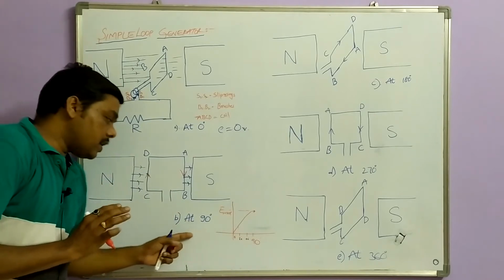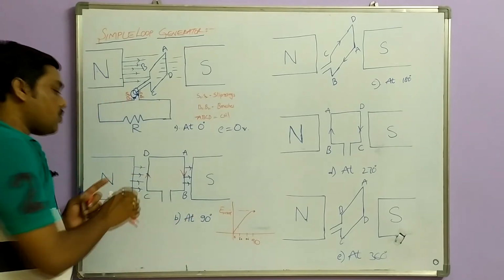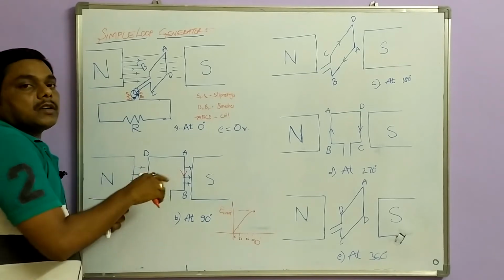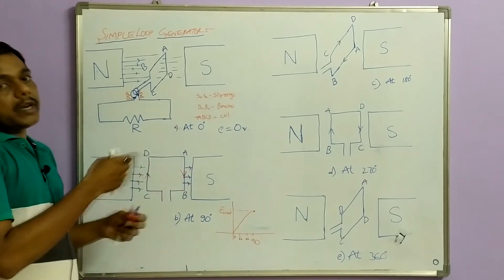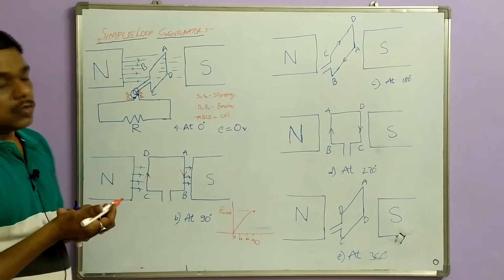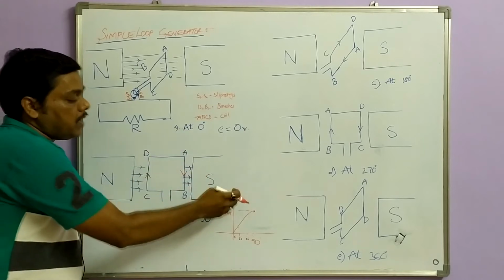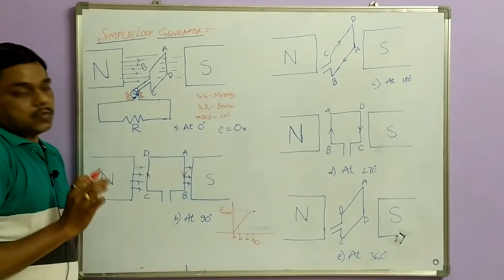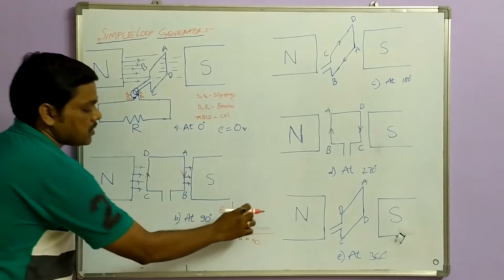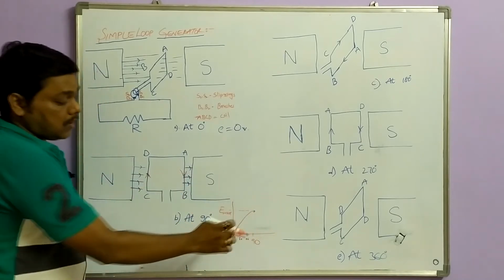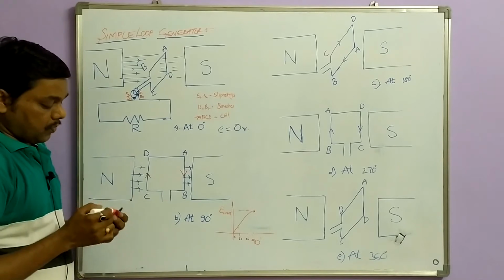At 90 degrees your flux linkage will be less, but flux cut by this conductor is more, so there is a higher rate of change of flux linkages. Then your induced EMF will be very high in this case. So you can say at 90 degrees your induced EMF will be maximum.